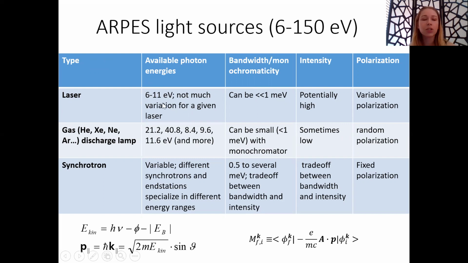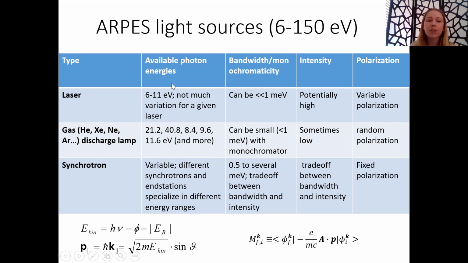Typically, laser light sources operate between 6 to 11 eV, and this statement is certainly true for quasi continuous wave laser light sources. Nowadays, there is what is called HHG, or high harmonic generation, laser light sources. These are always pulsed light sources that can go up to higher photon energy.